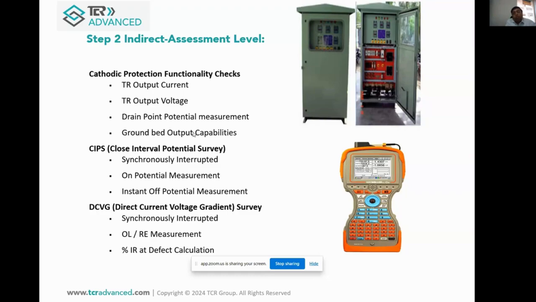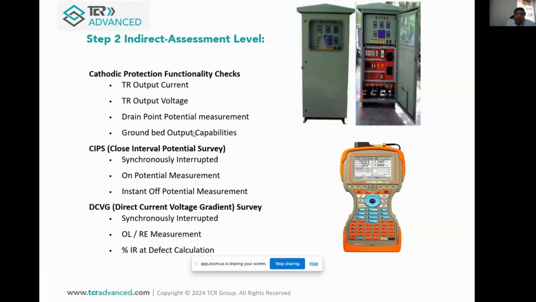There are alternative coating integrity methods also available, such as CAT, which is current attenuation testing, and you can verify its coating. You can pinpoint the coating defect through ACVG, which is alternating current voltage gradient. I am not discussing those two in this presentation due to time constraints, but we will take it up some other time. Another two important surveys are AC interference surveys and DC interference surveys.